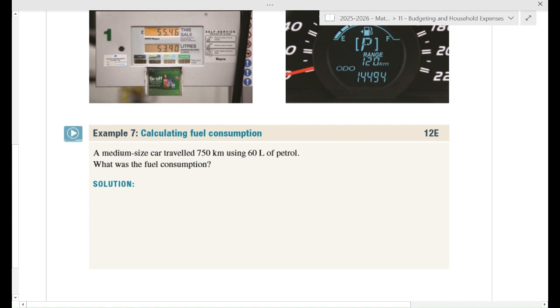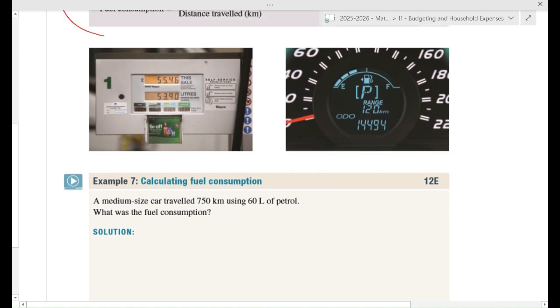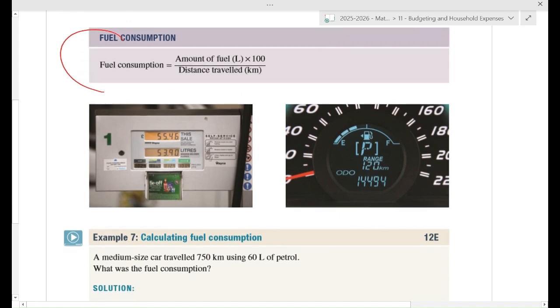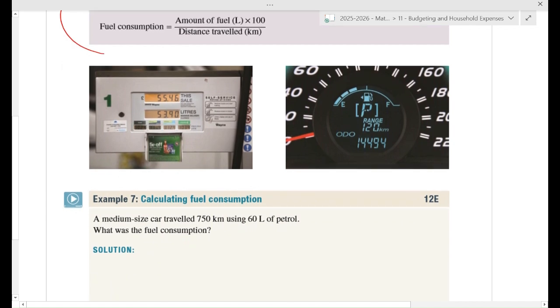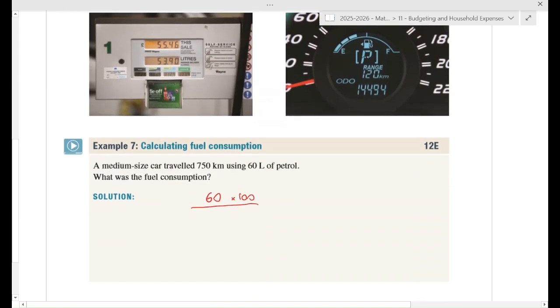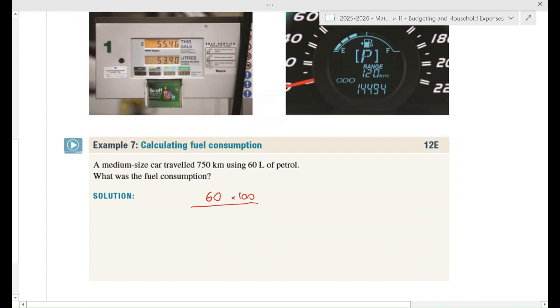So, a medium-sized car travelled 750 kilometres using 60 litres of petrol. What's the fuel consumption? All right, so what do we got? We've got amount of fuel times 100. So that's 60 litres times 100 divided by the distance travelled. How far did they travel? 750.